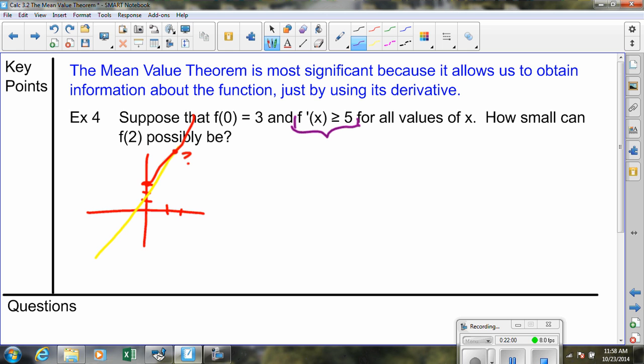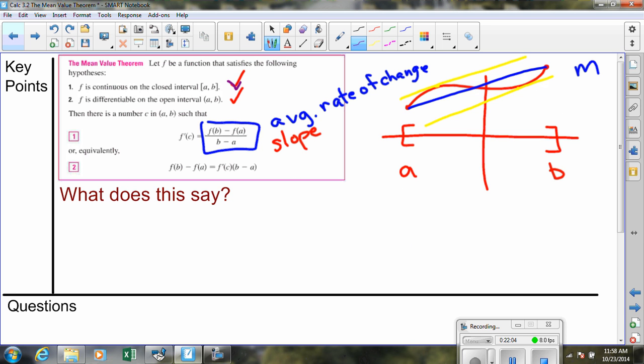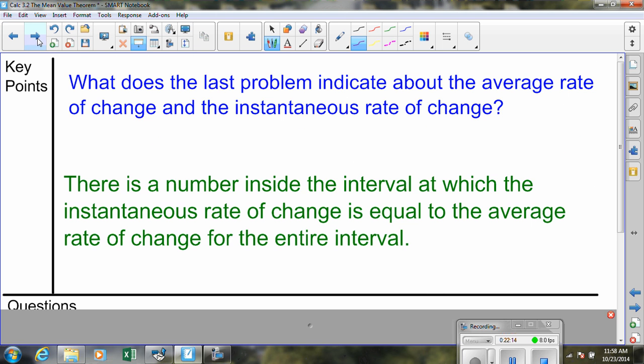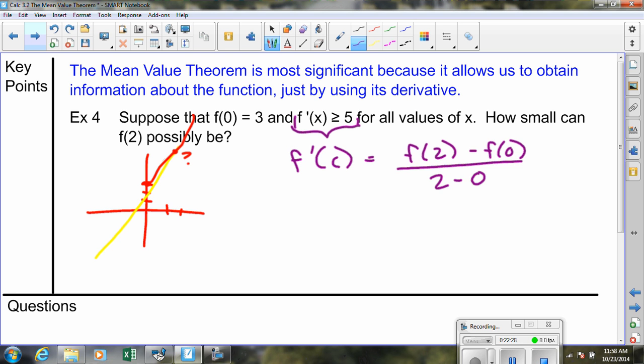So when we're looking at the mean value theorem, we have continuous, we have differentiable. We've met the assumptions, so now we can make the conclusion. We know that there is somewhere where f of 2 minus f of 0, this must be true.